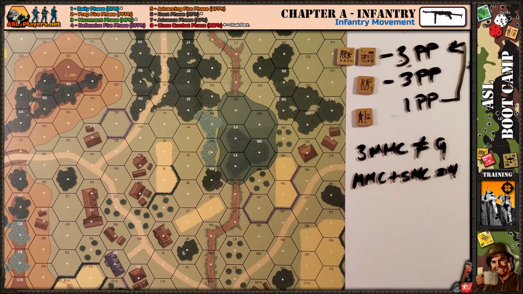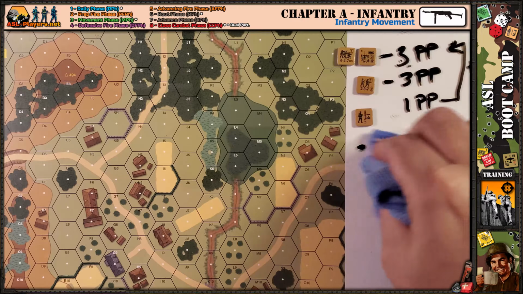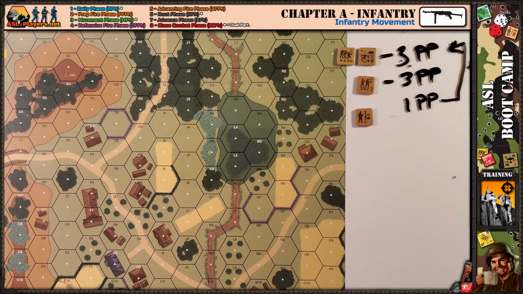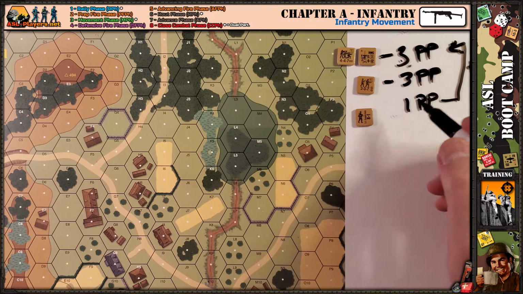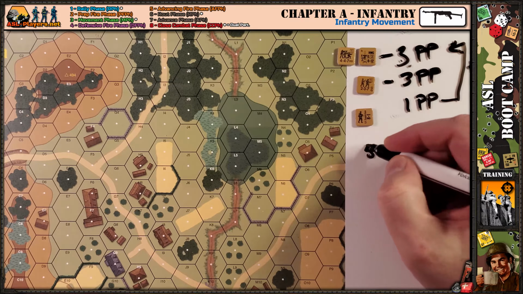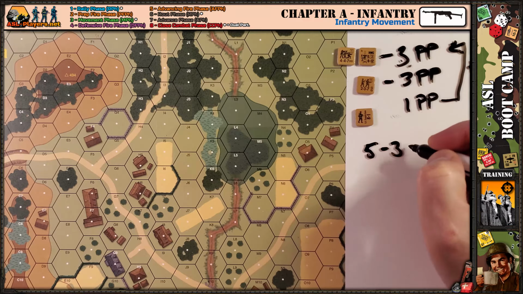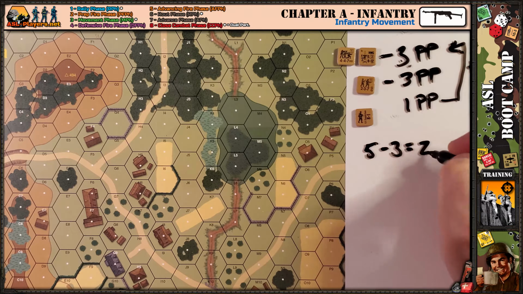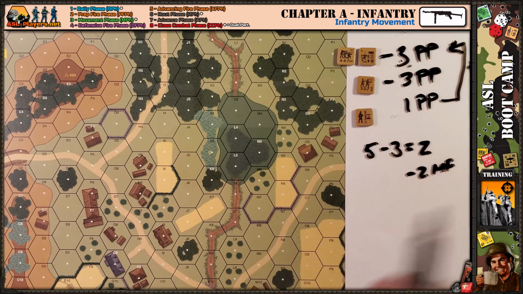And he has 3 to spend. So the way it works is any portage points over your capability to carry is subtracted from your movement factors. He's carrying 5 portage points and can only carry 3. He's 2 over, which means he's going to lose 2 movement factors.